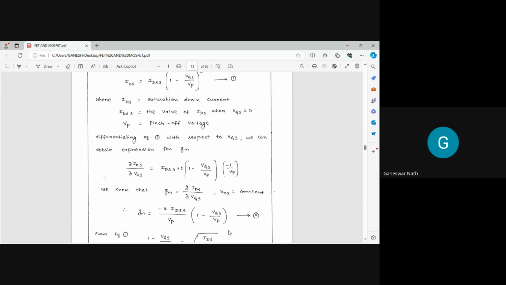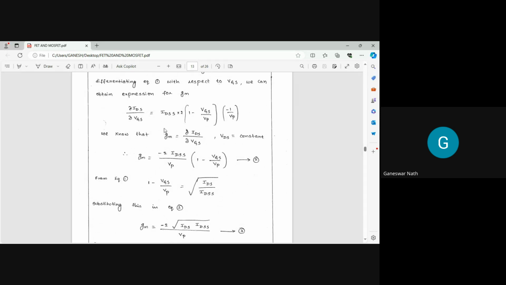We know that Gm, the transconductance, is delta IDS by delta VGS with VDS constant. So using this value, Gm is equal to minus 2 IDSS by VP into 1 minus VGS by VP.